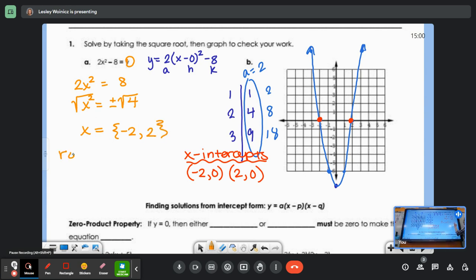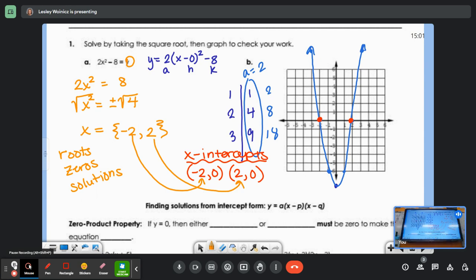These are the roots, the zeros, the solutions. Notice that they are the x-coordinates of the x-intercepts.